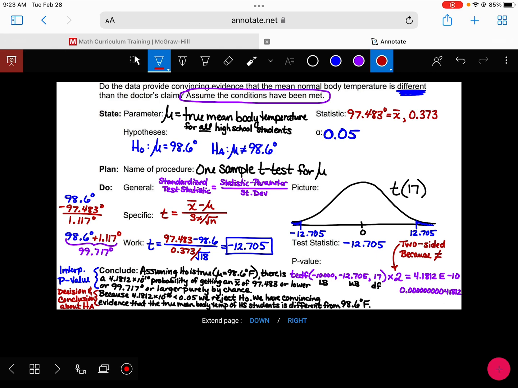So I want to look down at the bottom of the page. A different class did this exact same activity, and their results are listed below. What did they find their sample mean to be? 97.9. And their sample standard deviation? 1.6.